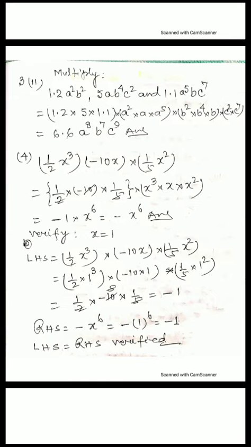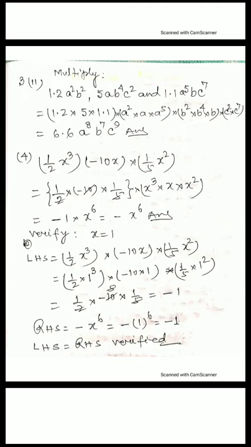Now verify when the value of x equal to 1. LHS: 1 by 2 x cube multiply minus 10x multiply 1 by 5x square. Substitute the value of x equal to 1: 1 by 2 multiply 1 cube multiply minus 10 multiply 1 by 5 multiply 1 square. 1 cube equal to 1, so 1 by 2 multiply minus 10 multiply 1, that is minus 10, multiply 1 square is 1, so 1 by 5 into 1 is 1 by 5.